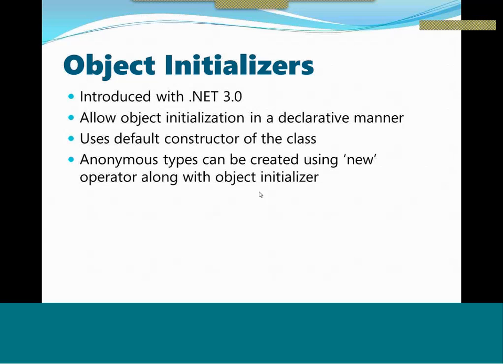When we create an object for a class, by default we use the default constructor, or if we have any specific constructors, we can use that also. That will create an object of the class and assign it to the variable that we are creating.